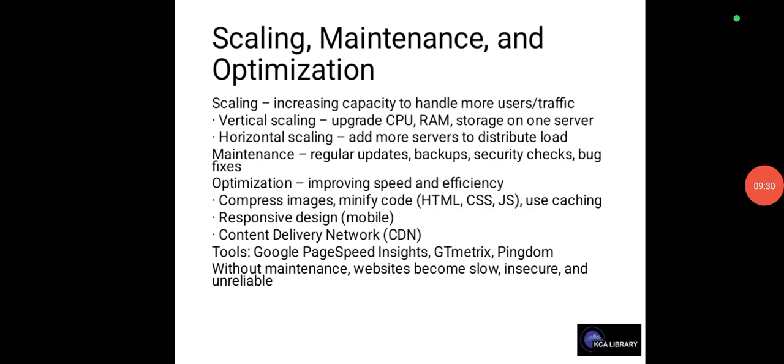Okay. Now, scaling. Scaling simply means increasing capacity to handle more users or more traffic. It's good to develop a website, but you need to also find a way to scale so that when more users are on it, it will not just be unnecessarily slow.